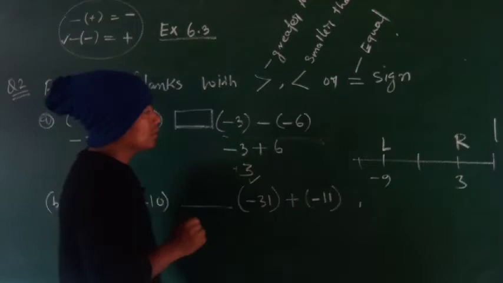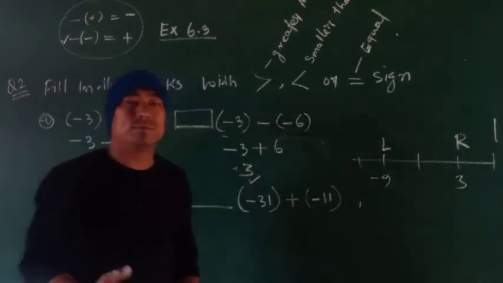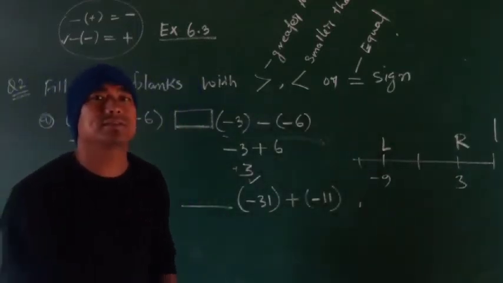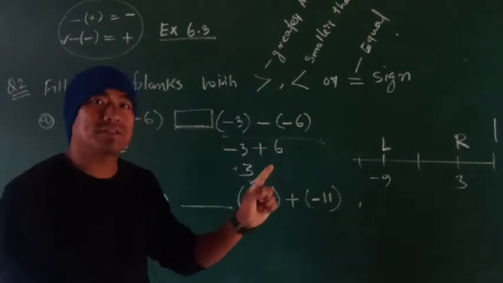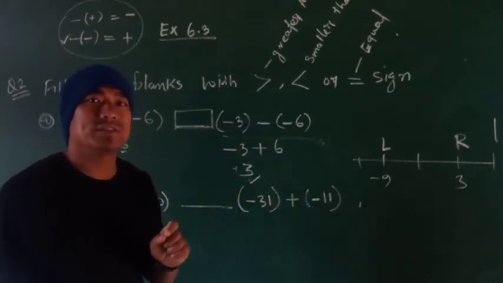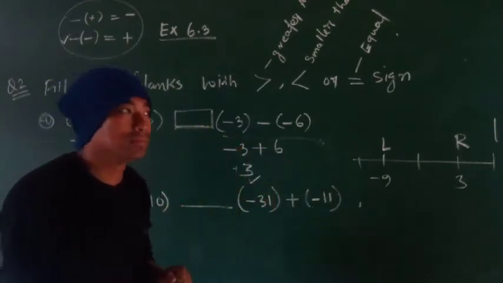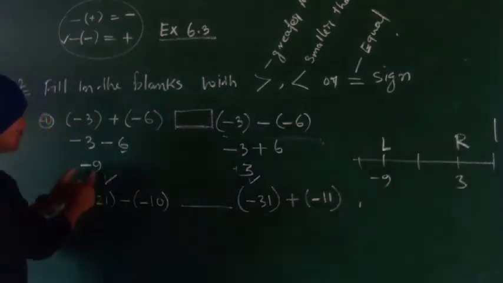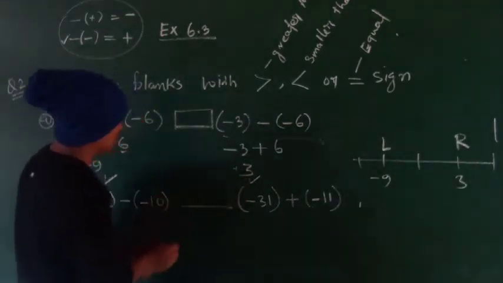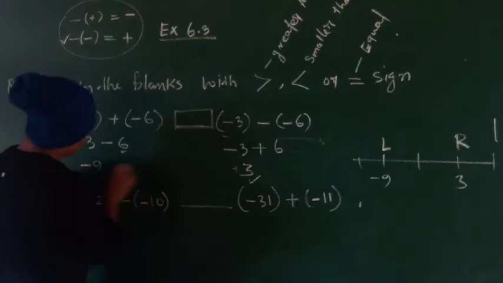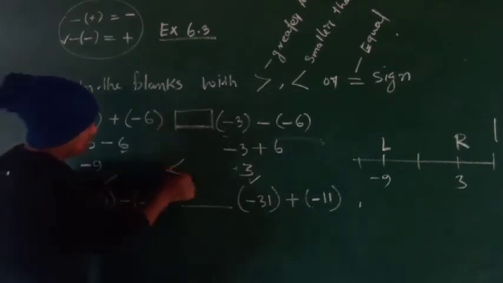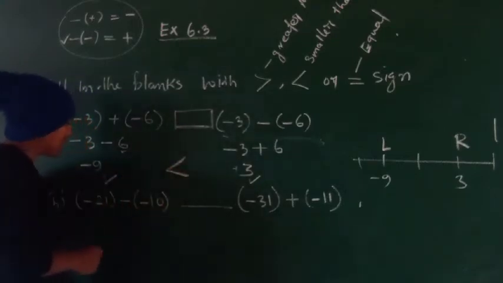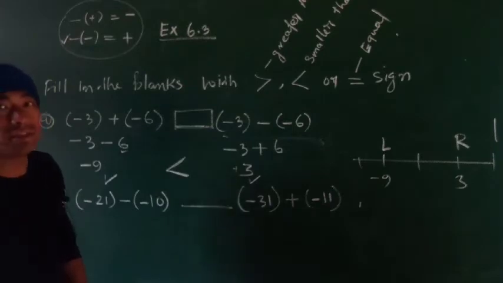When it is a comparison of positive and negative integers, positive integers are always on the right side, that's why positive numbers are always greater than negative integers. So this one is negative and this one is positive, so minus 9 is less than plus 3.